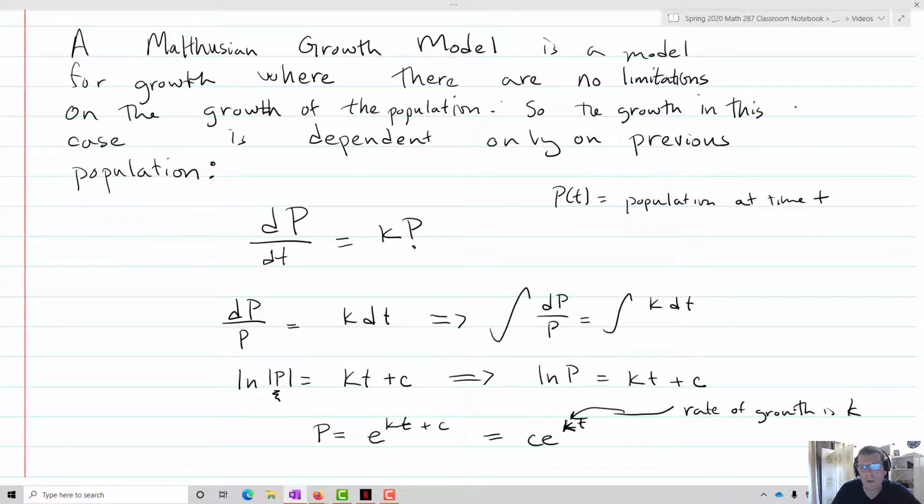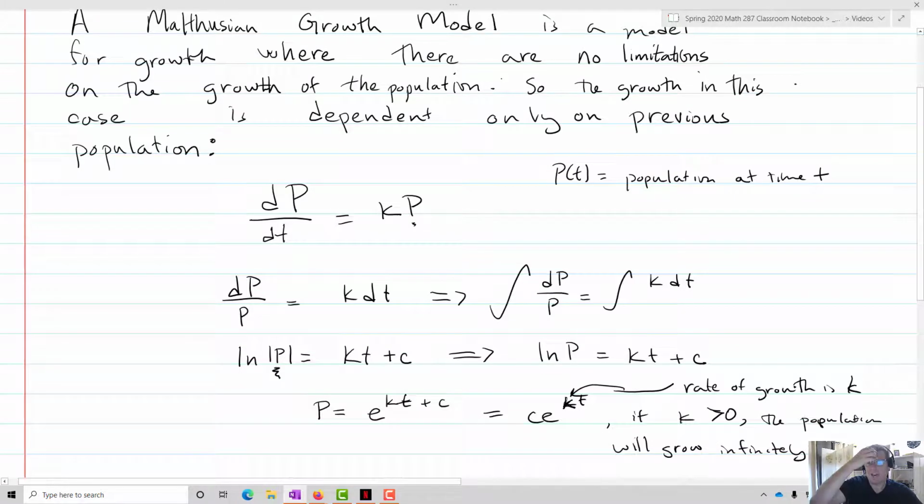In this case, though, what you want to notice is that there's nothing that's actually restricting the growth of the population, right? So if k is greater than 1, the population is going to grow infinitely. Excuse me, actually if k is in fact greater than 0, it will grow infinitely, all right? And we're going to take a look at that versus one where we see some limitations that are actually going to happen on the population growth.